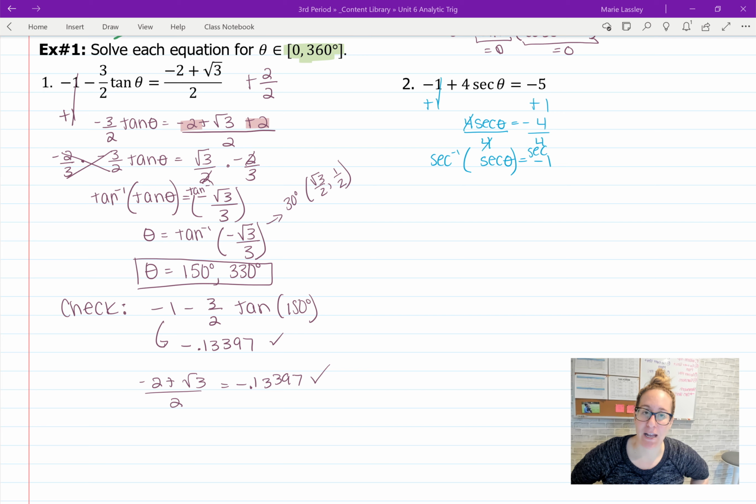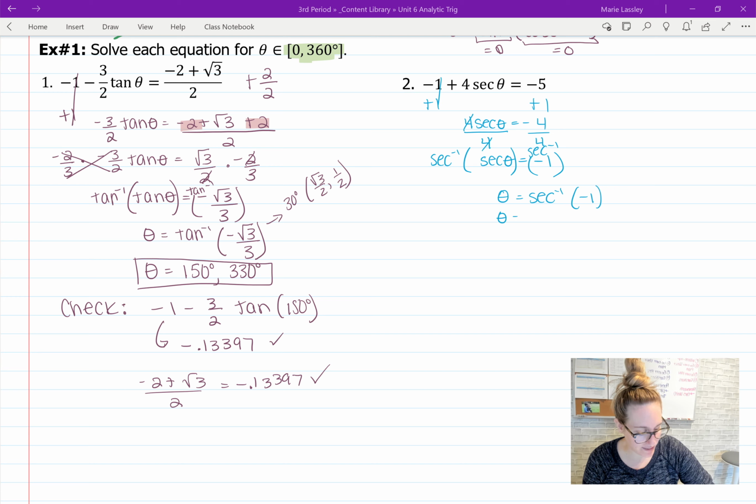Remember, secant is 1 over cosine, or 1 over x on our unit circle. I need that to simplify to -1. The only angle that has a secant value that simplifies to -1 is 180 degrees. So theta equals 180 degrees, and that is the only time it happens between 0 and 360. So that would be our final answer.